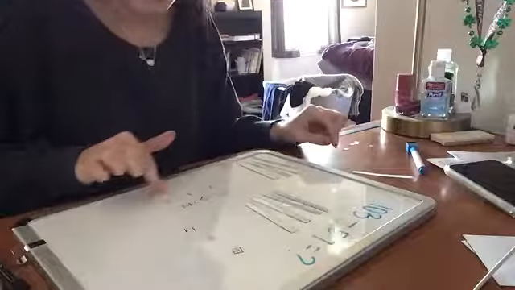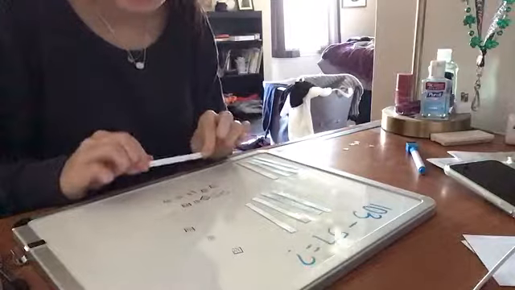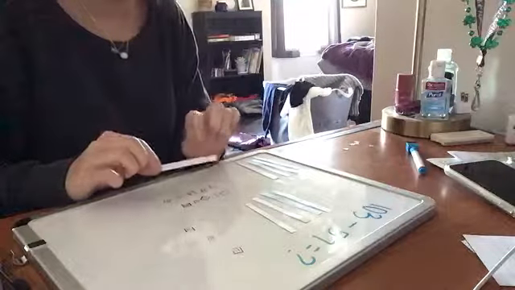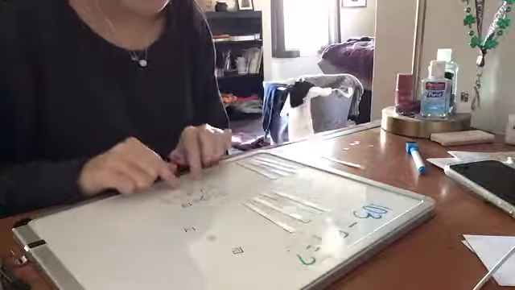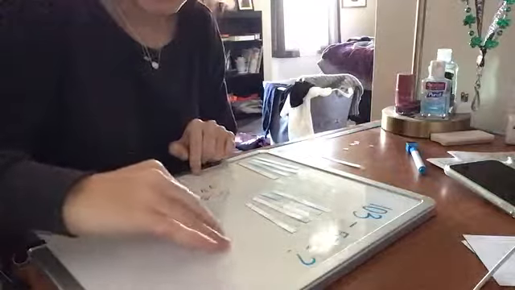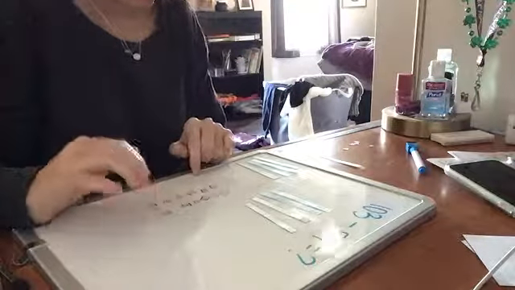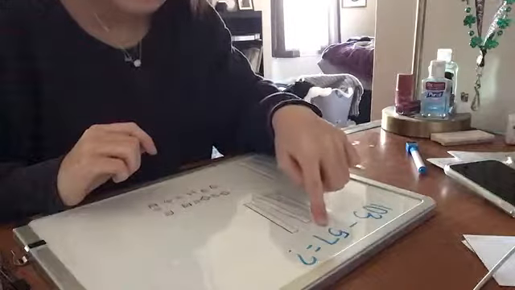So our 10 ones right here equal the rod that we took away. So this is the same thing. 10 ones equals 1 rod, right? So now that I have these 10 ones and these 3 ones, I'm just going to group them all together, right?